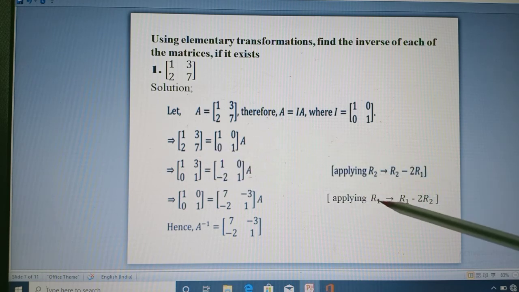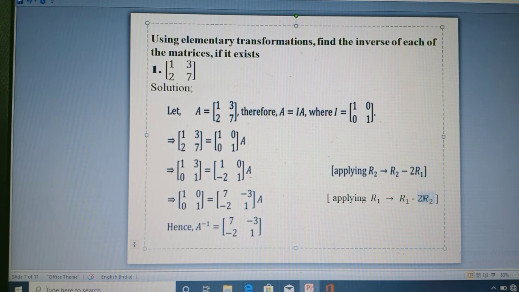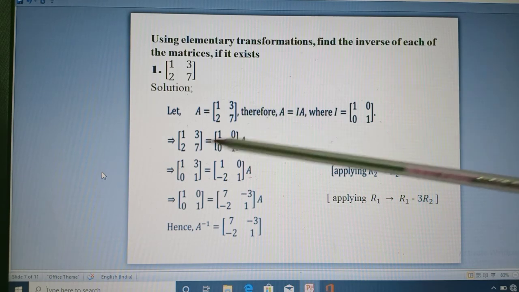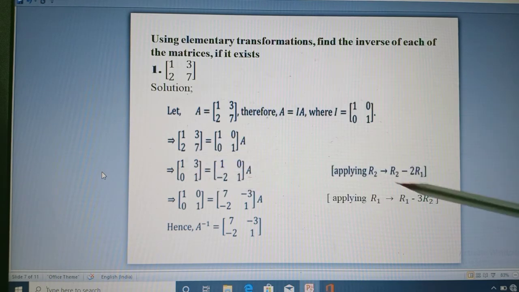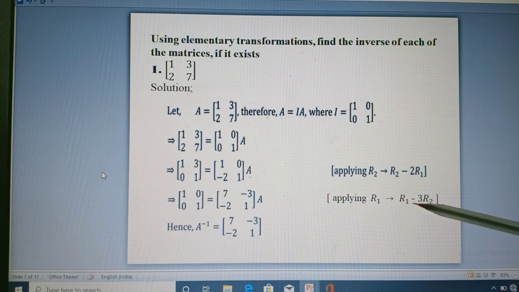So we are going to change R1 using R2. You have to multiply R2 by 3, so this entry becomes 3 minus 3. So you can see R1 minus 3 R2.